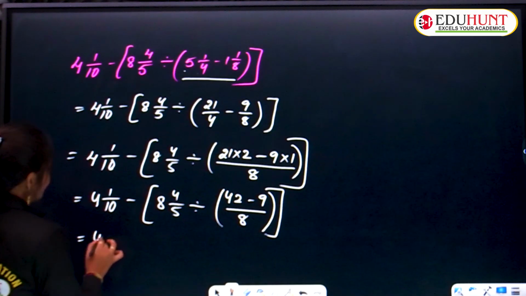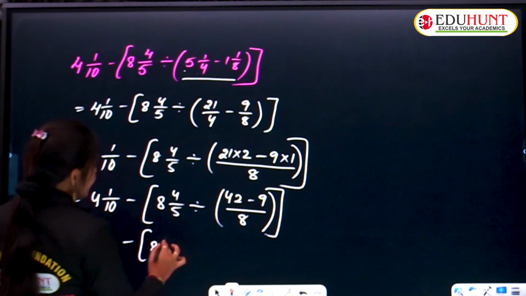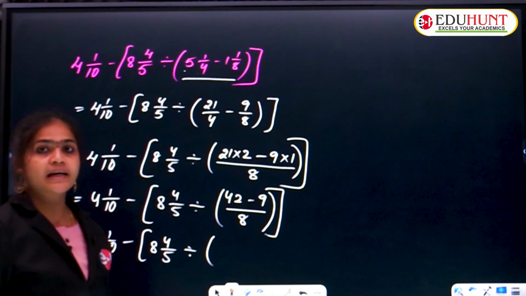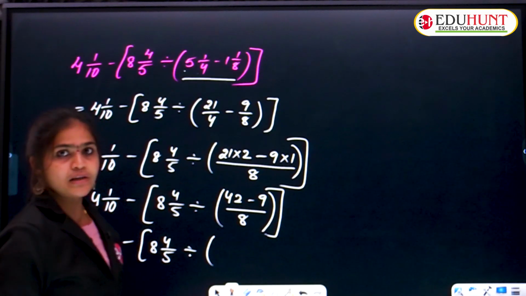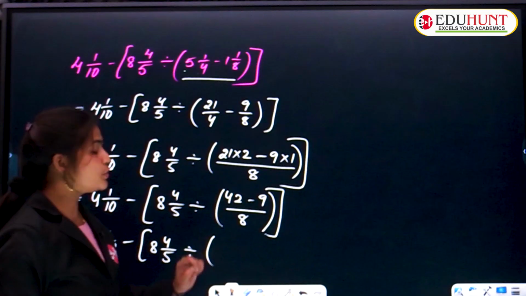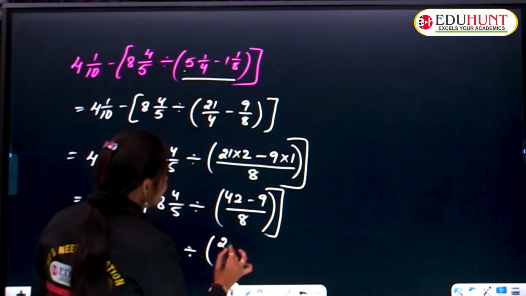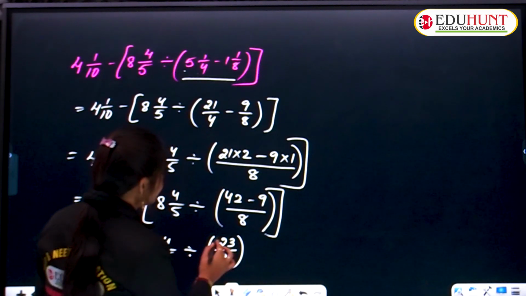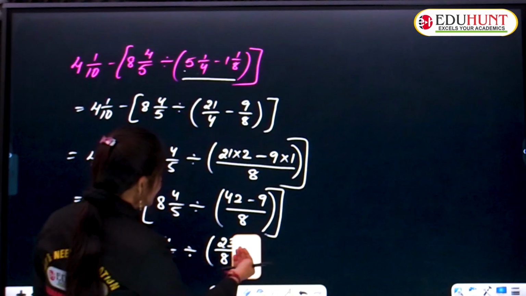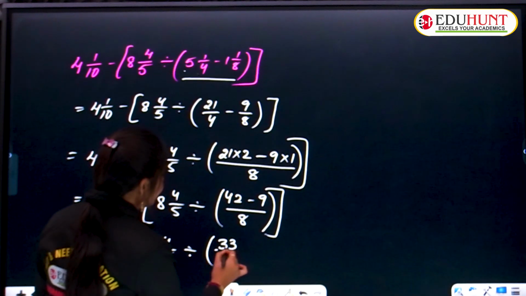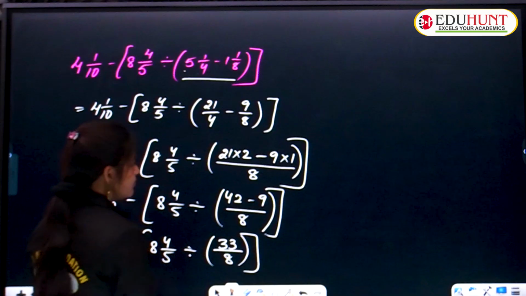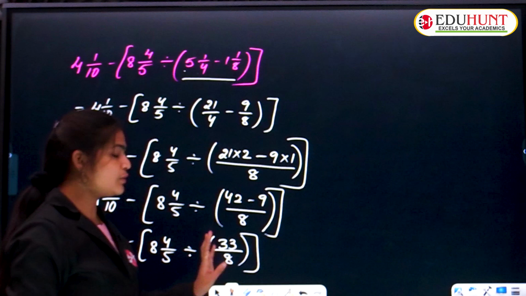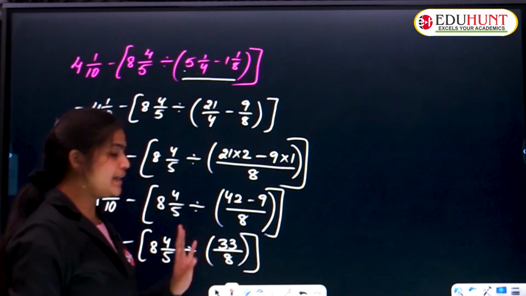How much will you get here? 40 minus 9 is 31, 31 plus 2 is 33. Sorry, not 23, 33 by 8.